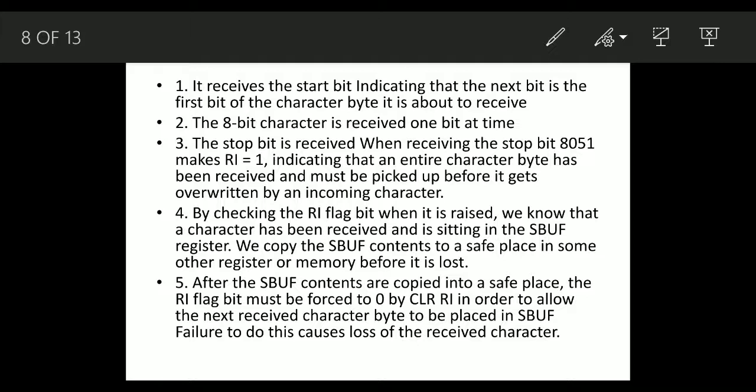You may lose one or the other bits, and even losing a bit means your program will go wrong. So you should be careful when you do reception also. You should know when to clear your RI flag. That is an important point to understand about this note.